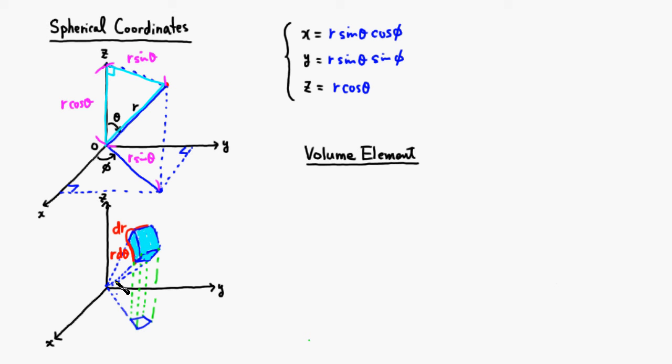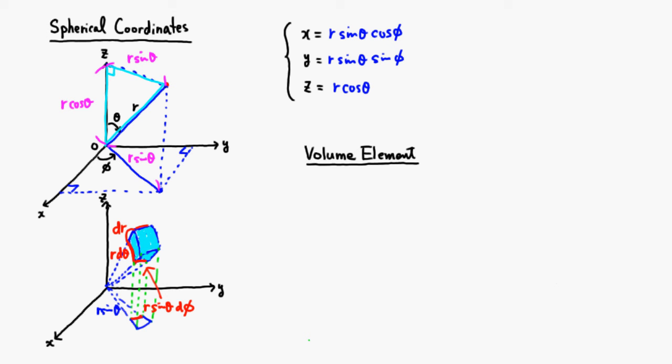The length there is r sine theta, just like before. Then you want a little piece of phi here. So this length right here is r sine theta times d phi, which corresponds to this length. So this is r sine theta d phi.